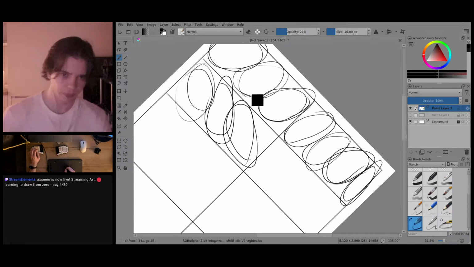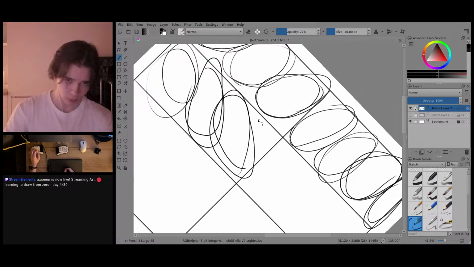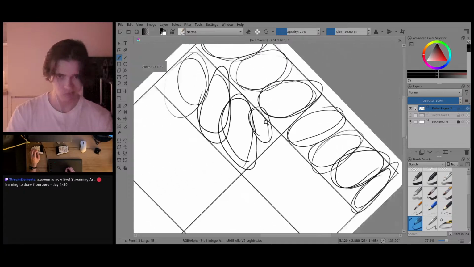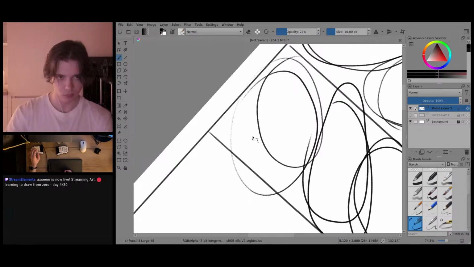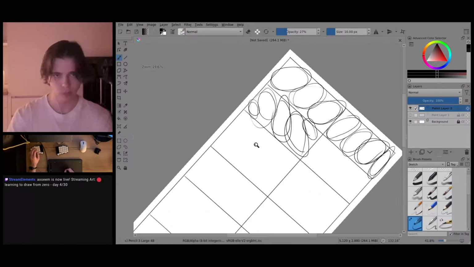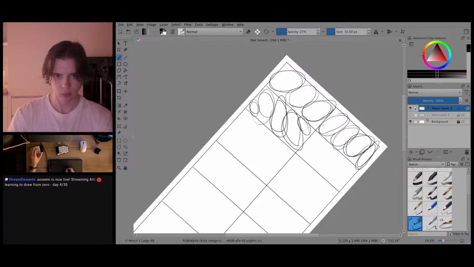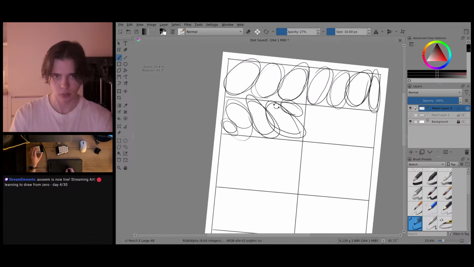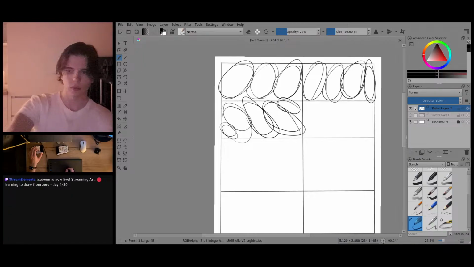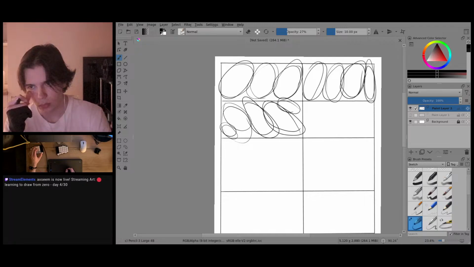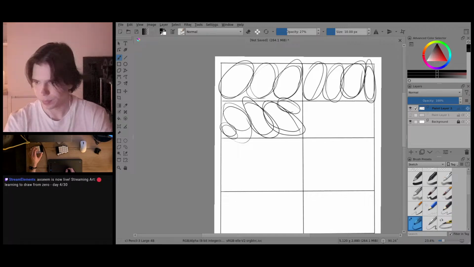Let's try the smaller ones. Yeah, my camera died.